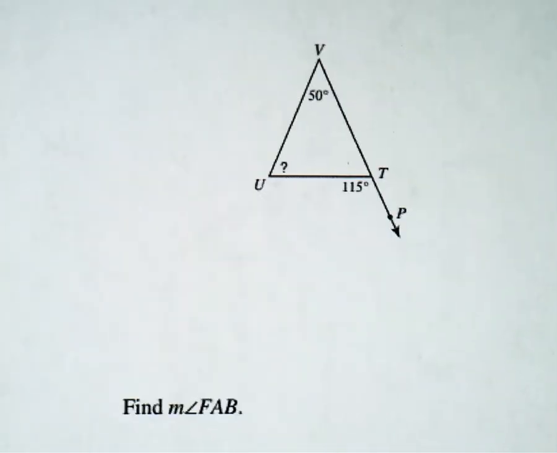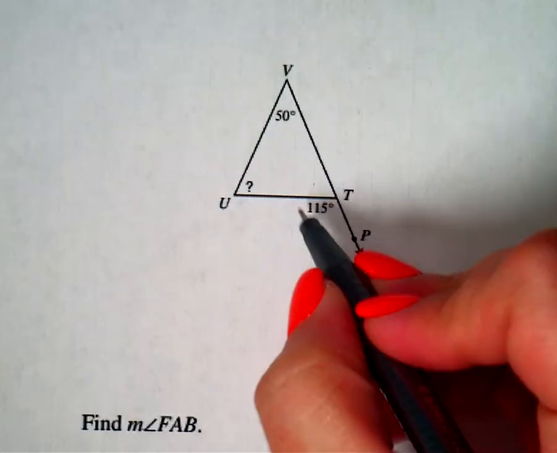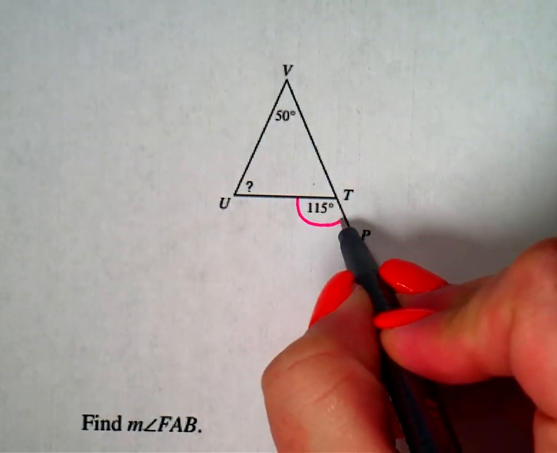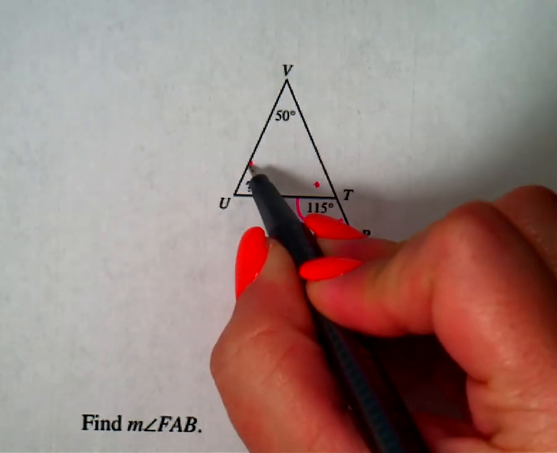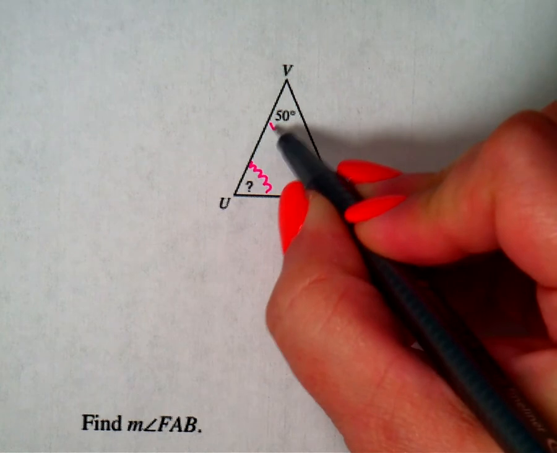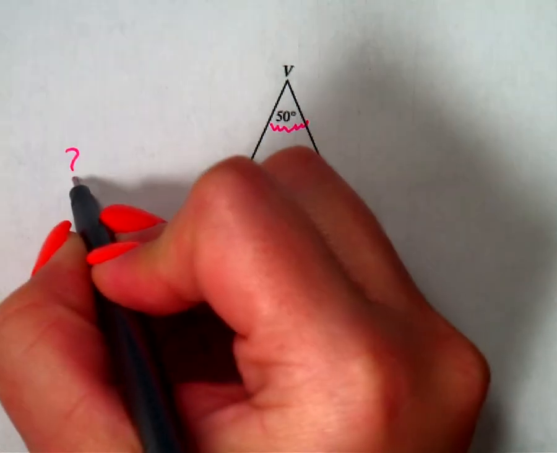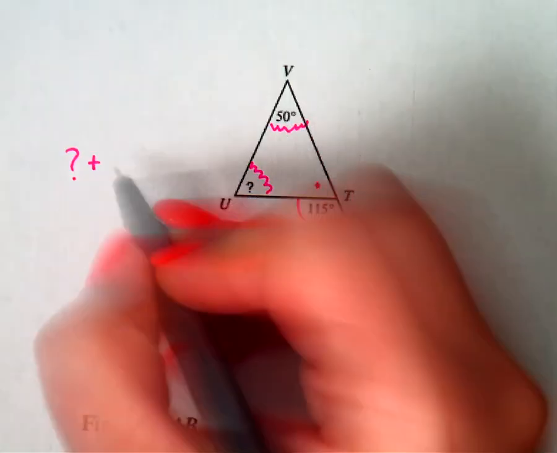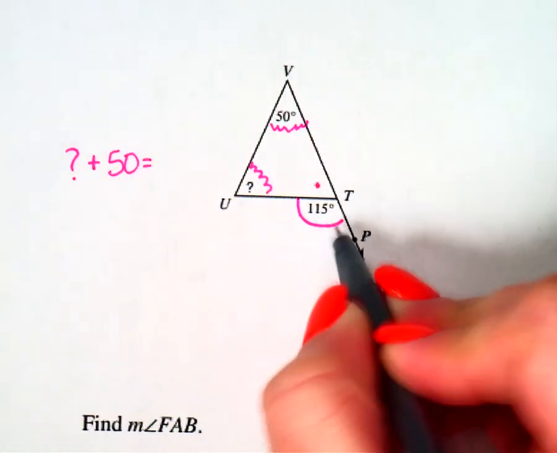All right. When I look at this one, I'm going to do something very similar, right? Because here is my outside or my exterior angle. That means this is the adjacent angle, not the one I'm looking at. I'm looking at the two remote angles that I would tear off to fit out here. So I would tear off the question mark, plus I would tear off the 50, and those would fit right out here at the 115.